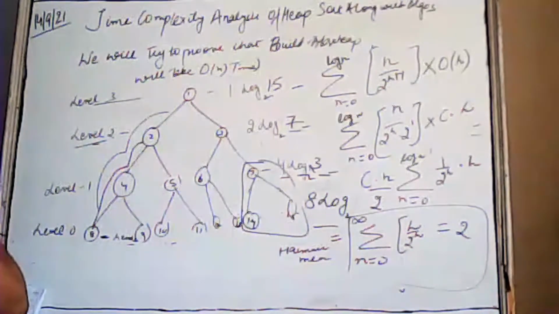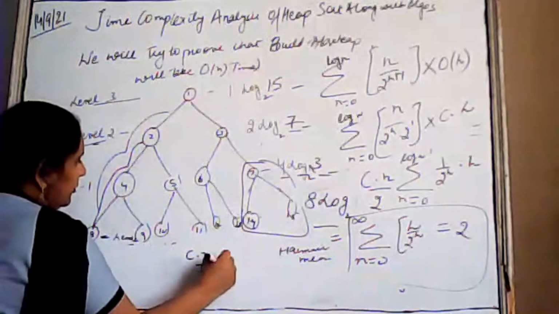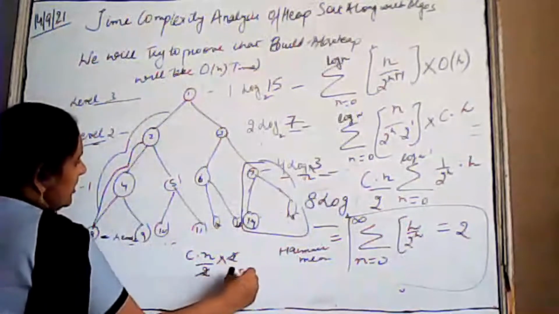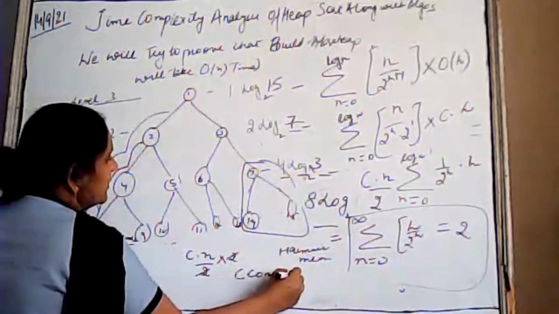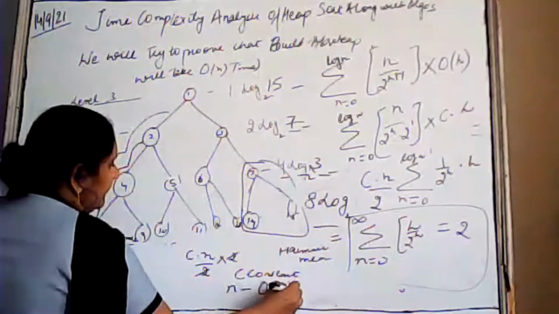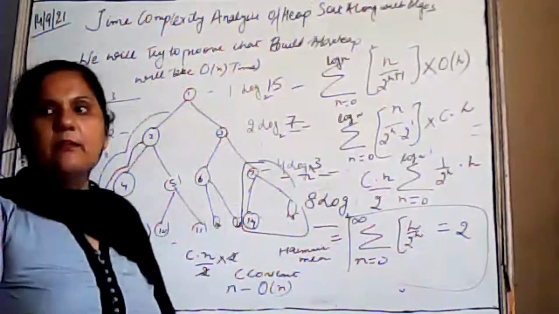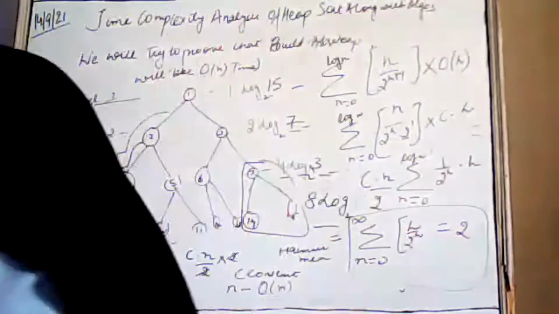Now, c dot n upon 2 into 2, the 2 cancels out. So c is a constant. Ignore this constant and this will become order of n.